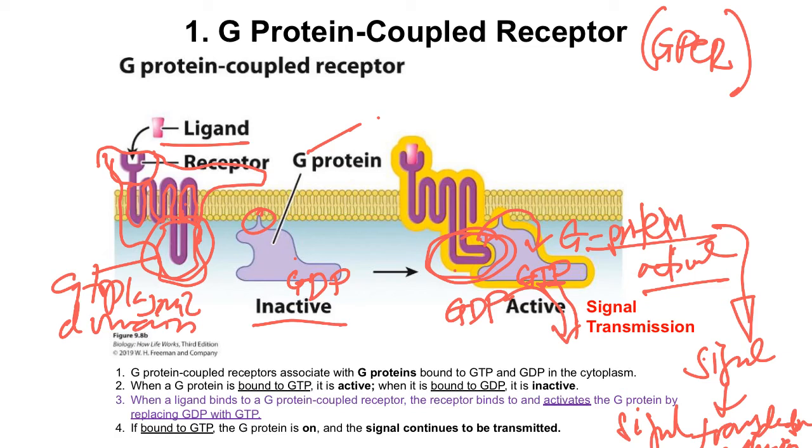And typically, G protein coupled receptors trigger fast or short term responses.